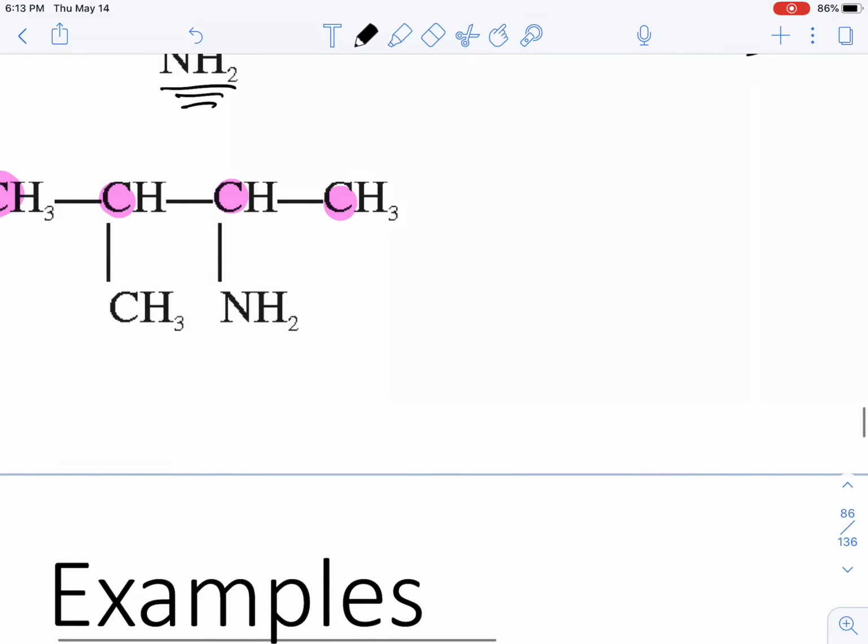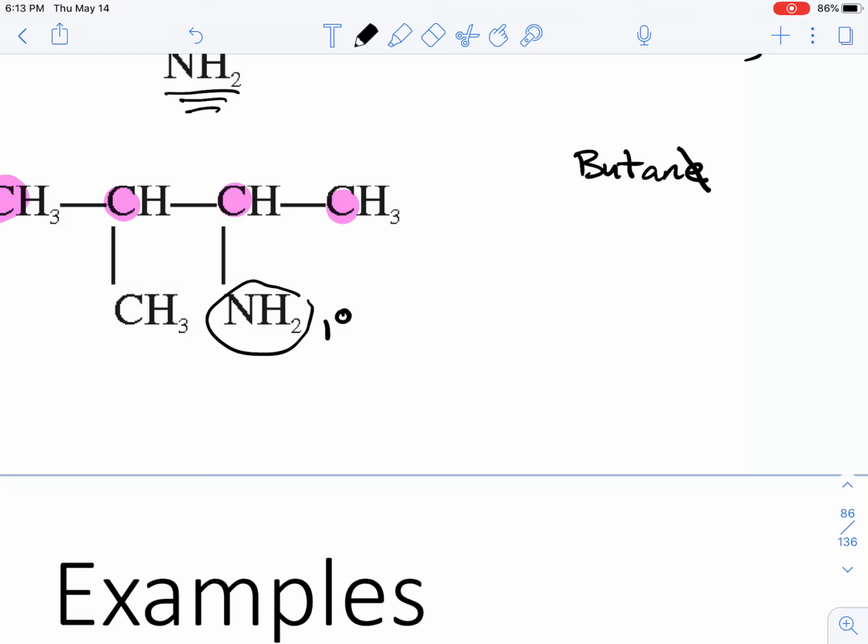And so a 4-carbon chain is going to represent but. Since they're all single bonds, that's butane. Since I have an amine, specifically a primary amine, I'm going to cross out the E and then replace that with amine. So overall, I have butanamine.